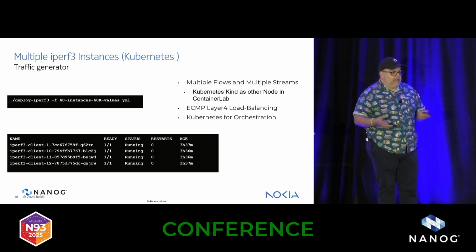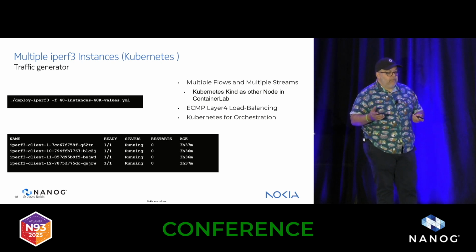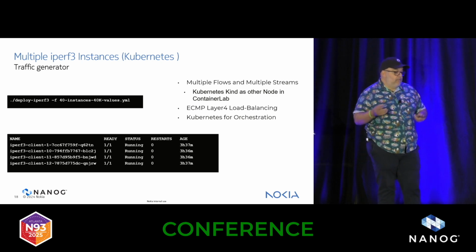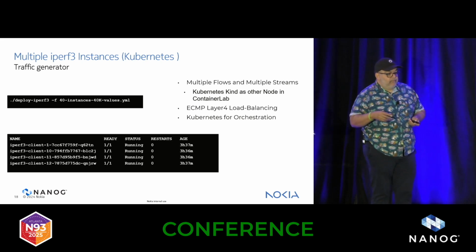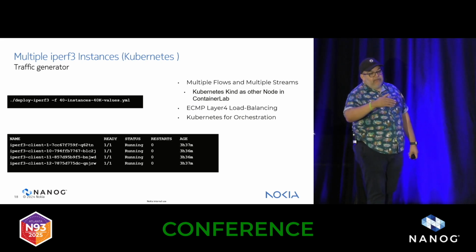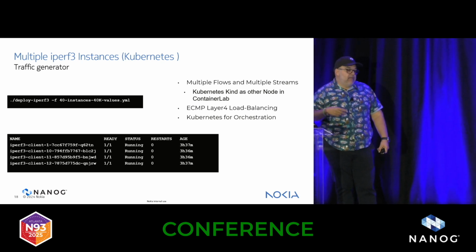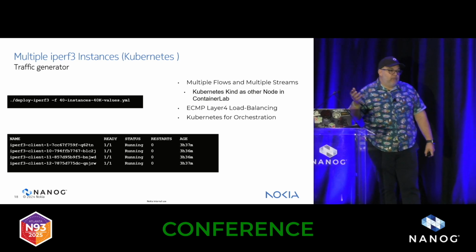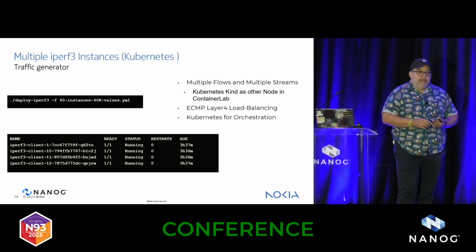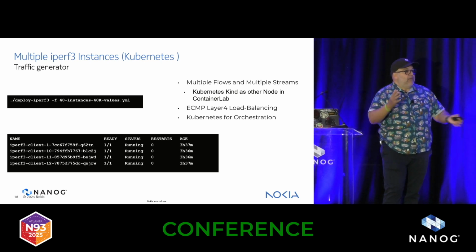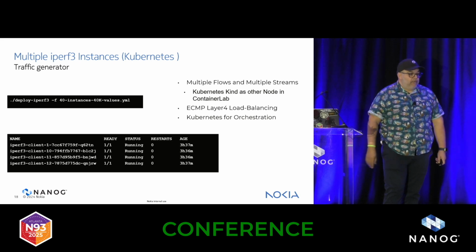The idea is to get multiple flows and streams, and Kubernetes, using kind, will create the necessary resources in order to do multiple flows using iPerf. This will be a really good use case if you want to do ECMP load balancing and test that your load balancing is working on your network.